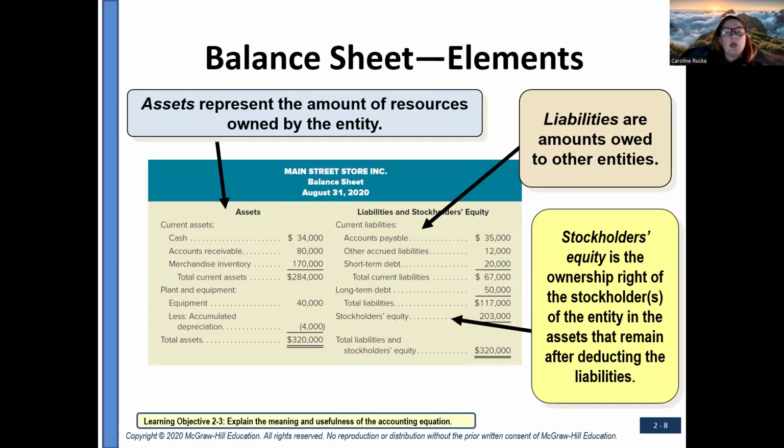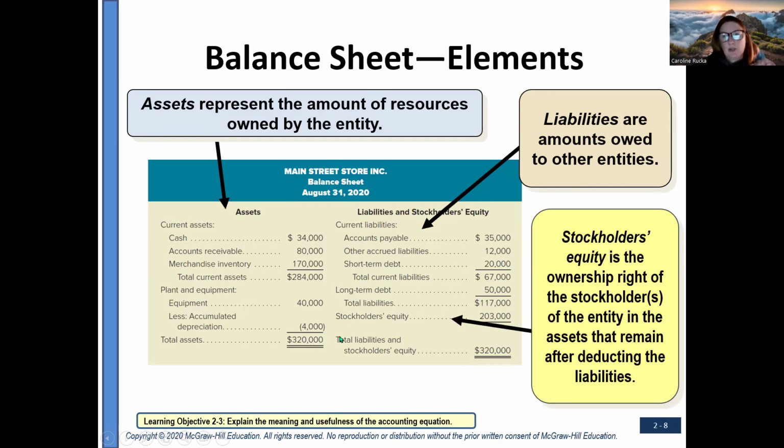So here we see the parts of the balance sheet again. These reflect our accounting equation. Remember, assets equal liabilities plus stockholders' equity. Okay, so we've got our assets here. We have our liabilities and stockholders' equity together.